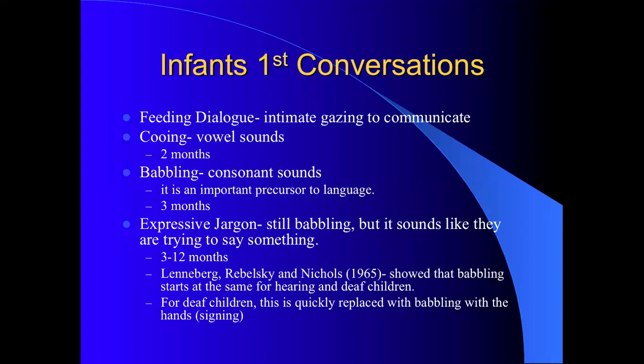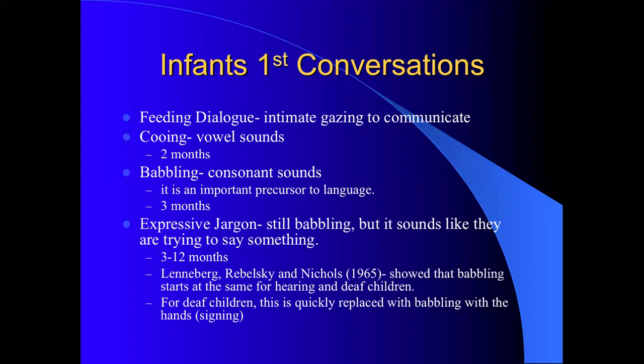And what that will teach the child is that eye contact is important when engaging in a conversation. It is much harder to connect with a person if they're not making eye contact or if they're not sustaining eye contact, right? So the first thing that happens are these feeding dialogues, this eye contact. And then we have actual sounds. So there's cooing and babbling.